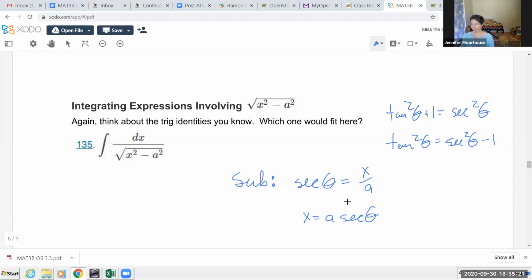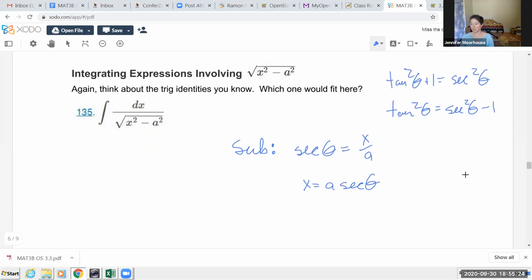And then if x is a secant theta, then the square root of x squared minus a squared becomes the square root of a squared times secant squared minus a squared, and we can pull an a out of that.